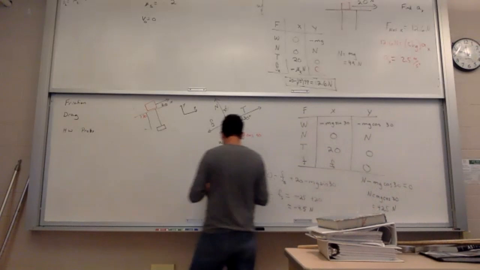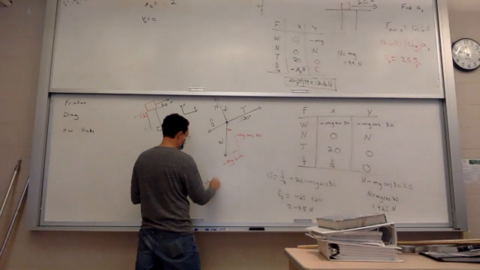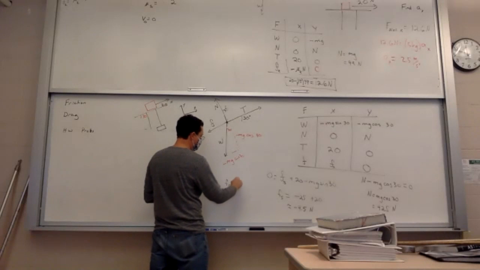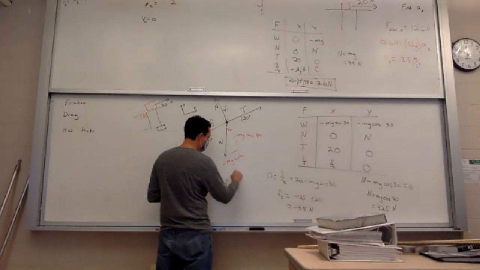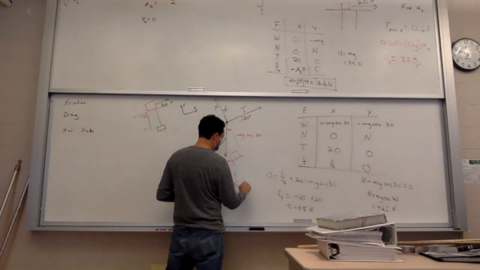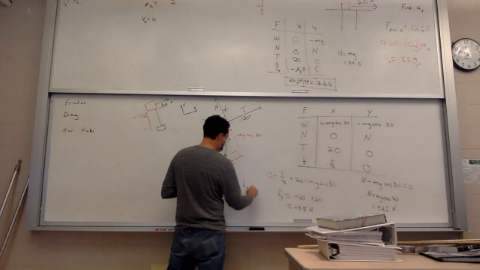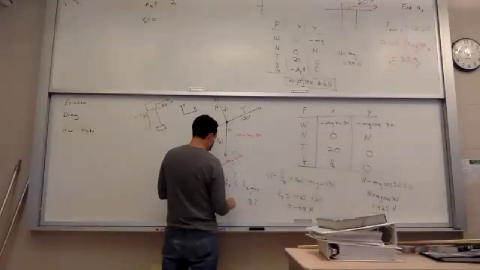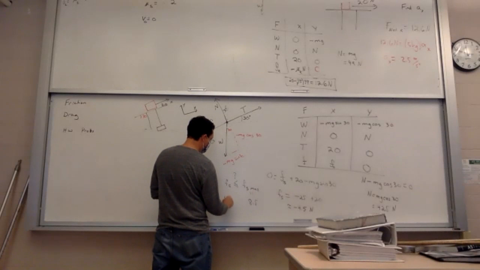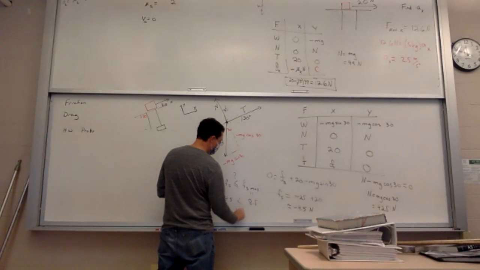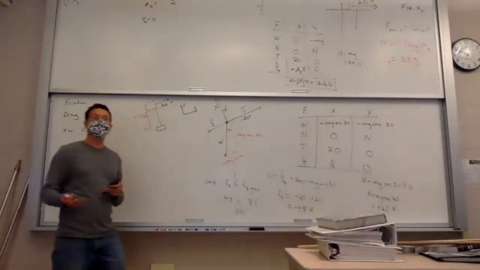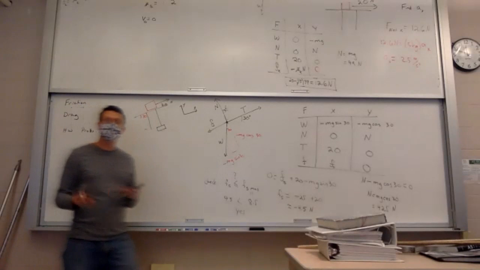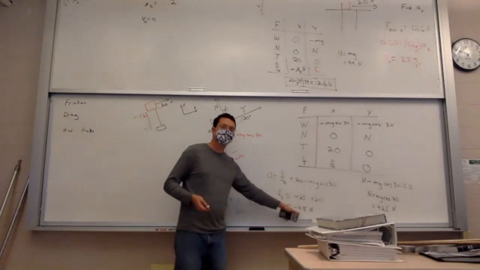So check: is f sub s less than or equal to f sub s max? Well, this was 8.5, whereas this number was 4.5, the magnitude. So, yes. So it doesn't slip. It's static, nothing moves, and that's it.